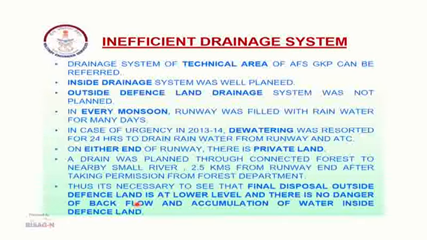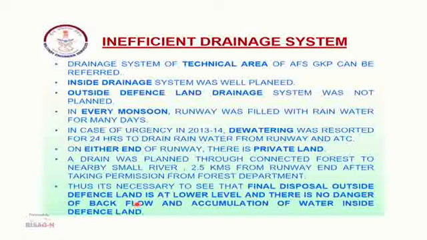In every monsoon, there used to be flooding in the runway at Air Force Station Gorakhpur. In case of urgency in 2013-14, dewatering was resorted to for 24 hours to drain rainwater from the runway and ATC.